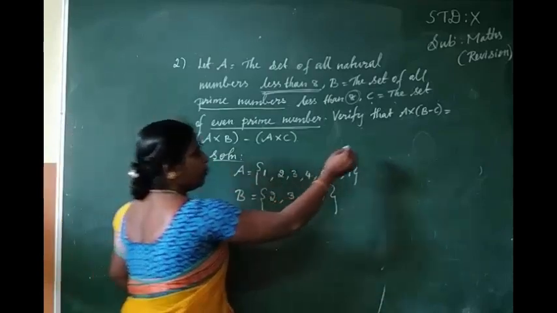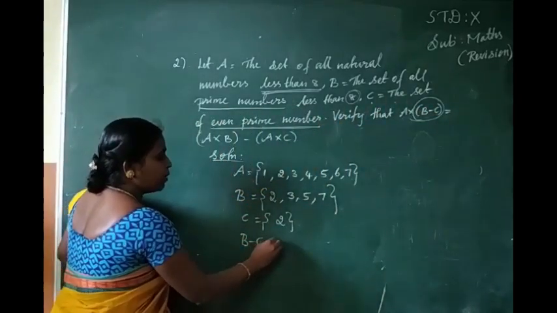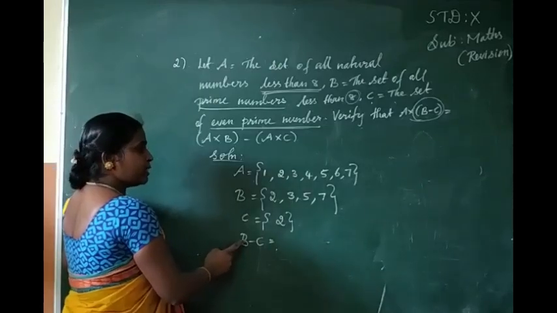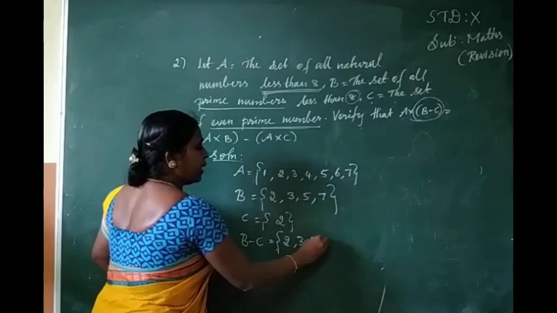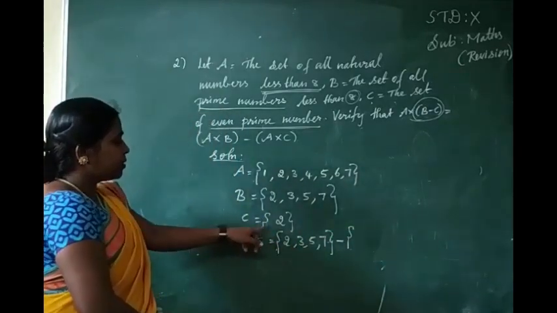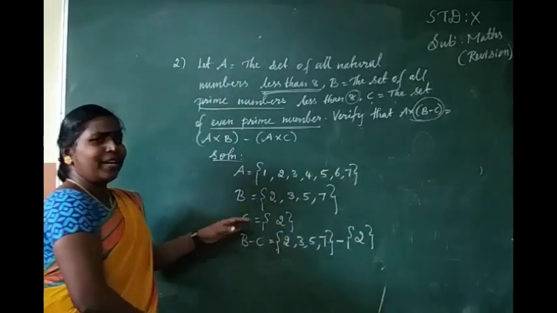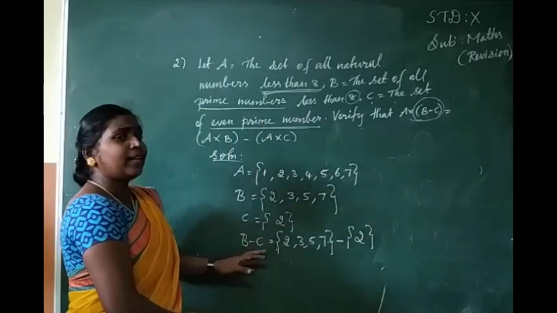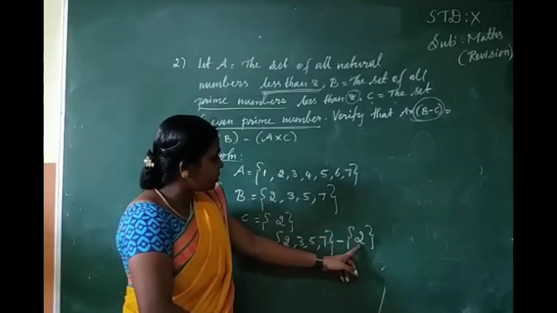So first, what do you want to find? B minus C. First write set B: 2, 3, 5, 7, minus C. C is 2. B minus C, B difference C, means you subtract C from B. What are the elements in C? 2.